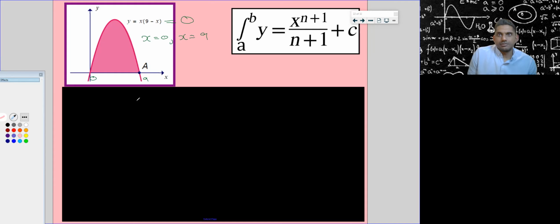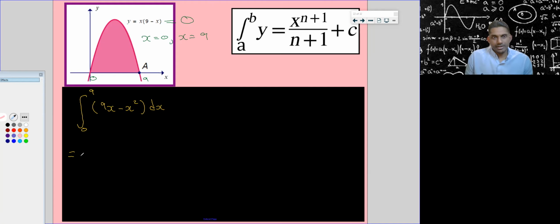So we need to integrate that function 9x minus x squared with respect to x between 9 and 0.